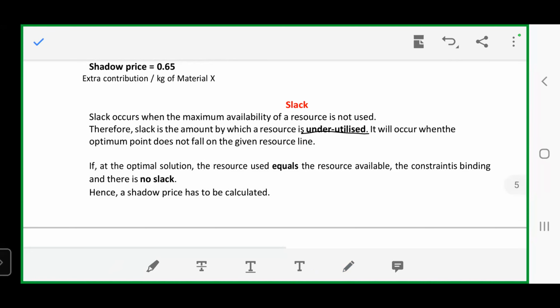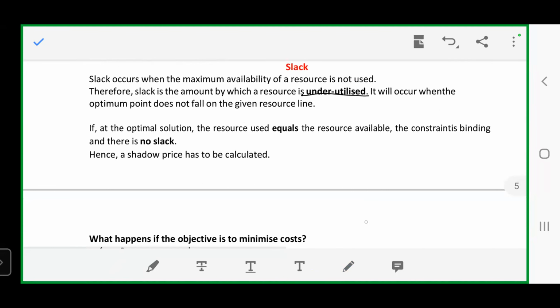At times, when we are calculating our optimal production level, it will not even fall on the aspect that we expected. So that is why we usually have our slack. But let us note that if at the optimal solution, the resources used are equal to the resources available, we will say there's no slack and there's a binding constraint. Binding constraint means the limited resources are bound together, and therefore there's no slack.